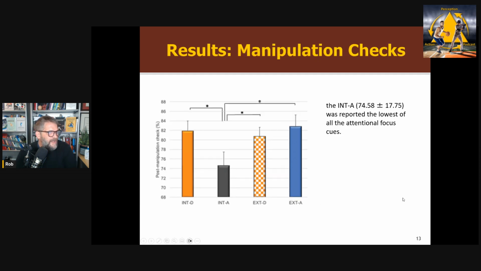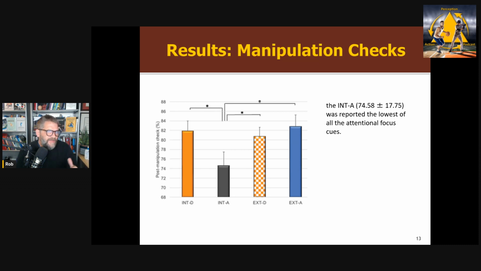Okay. In terms of manipulation check, there's a couple little things I want to talk about here. One of the issues here, right, is compliance, right? So if you look at the percentage of time people reported focusing on the after thing, it was significantly worse for the internal after, right?